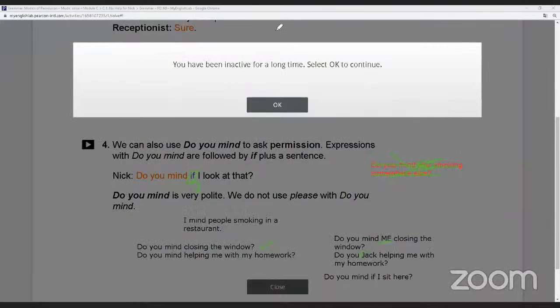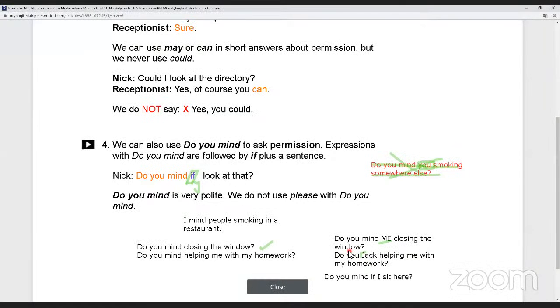In this case, it refers to when you want a third person to do the action, that's why I wrote Jack. In the first example, I used "me" when I want to do the action.